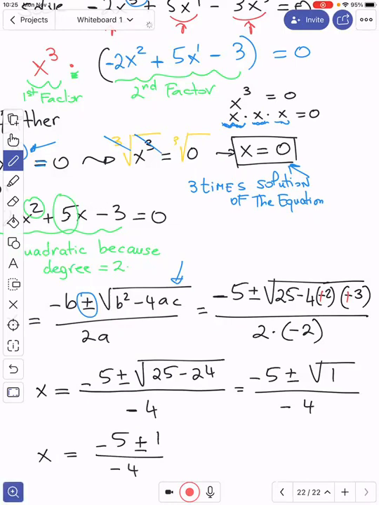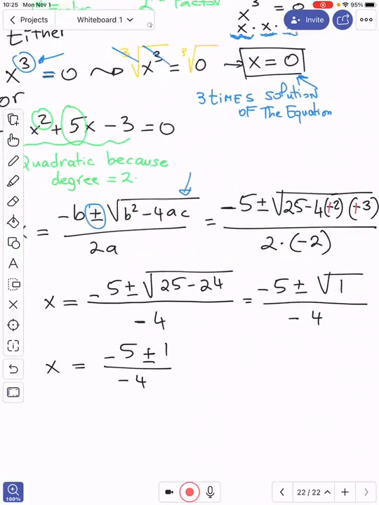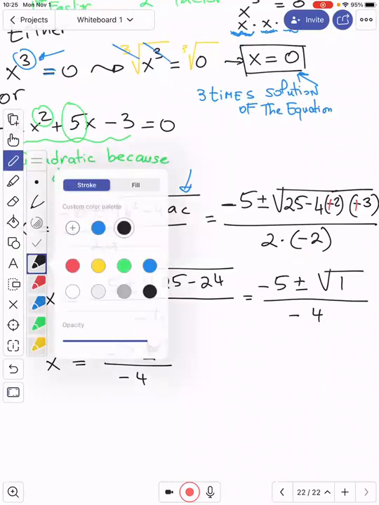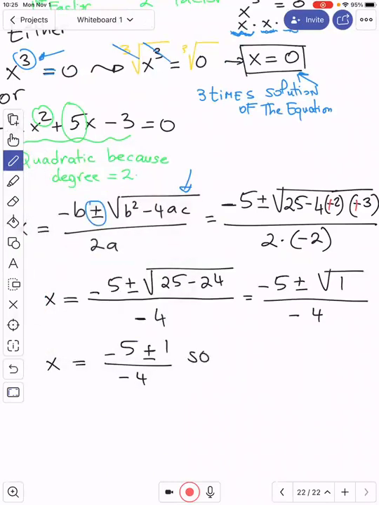So we got 2 different solutions, right? So first solution, x is -5 plus 1 over -4. So that'll be -4 over -4. That'll be +1. Okay, so that's our first solution, right?